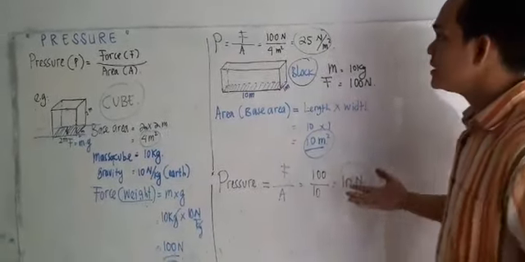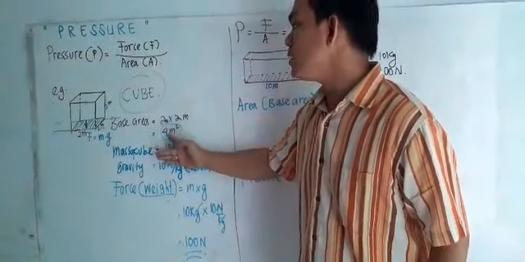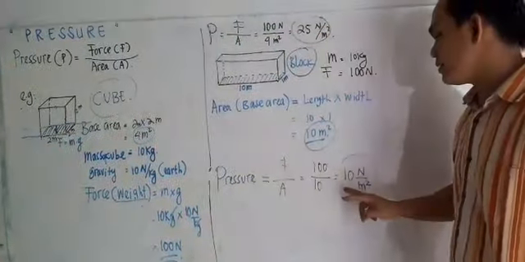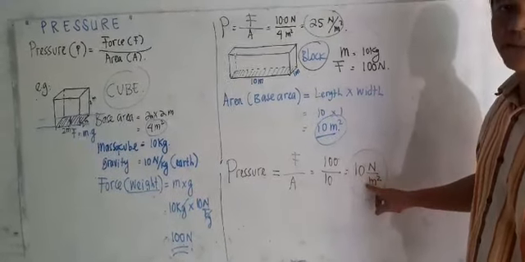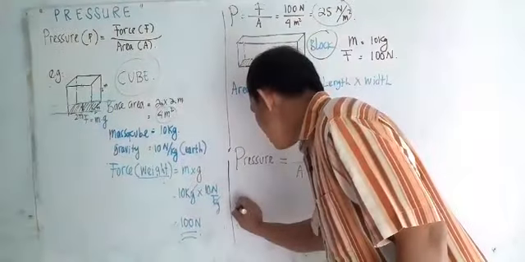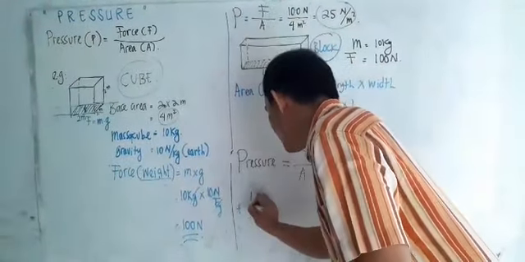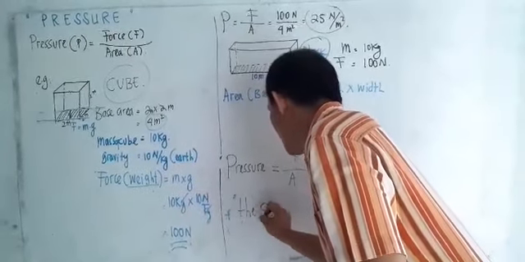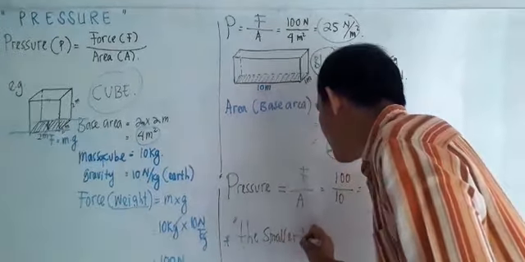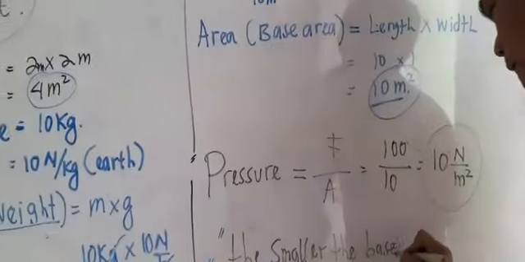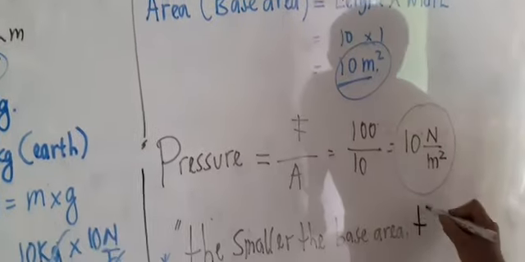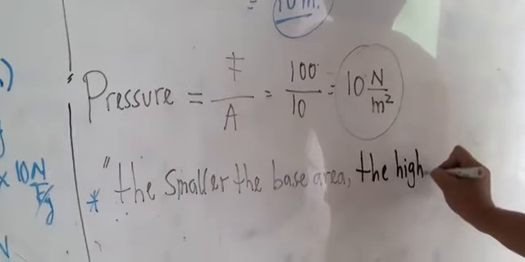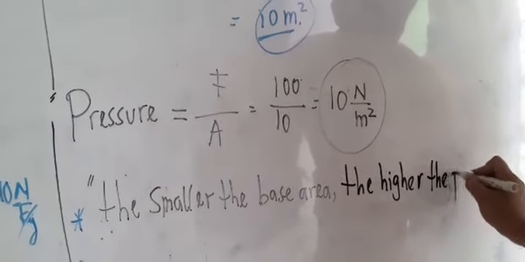What does it mean? It means that the smaller the base area, the higher the pressure, and the bigger the base area, the smaller the pressure. So the conclusion is: the smaller the base area, the higher the pressure.